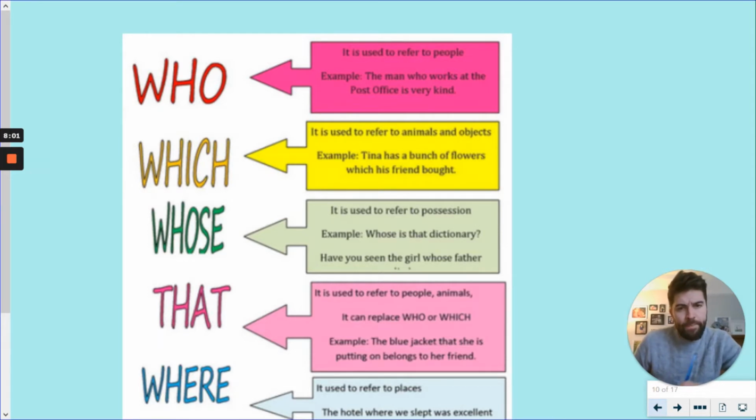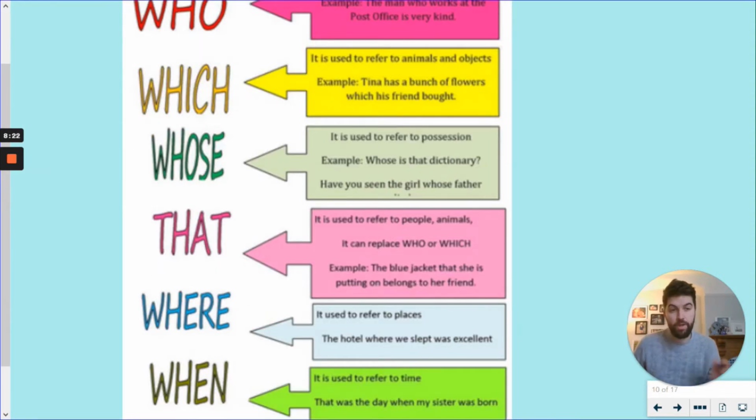So have you seen the girl whose father works in the cinema? It's talking about the father belonging to the girl, and it uses the word whose, W-H-O-S-E, as a relative pronoun. So if you've got ones coming up about possession today, you want to try and use whose.